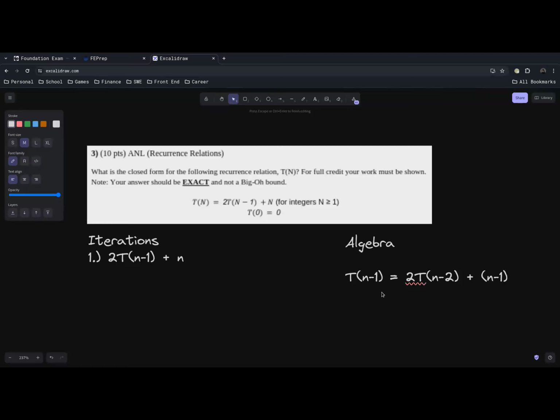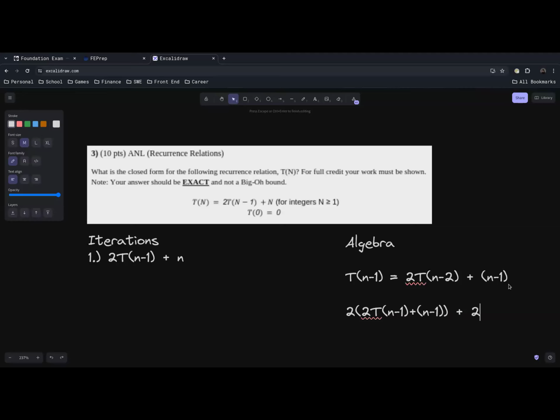Now if we expand this and plug it into the formula up here, we know that... there's hotkeys, this is fire. It's 2 times this equation above us, which is 2T(n-2) plus (n-1), plus n.